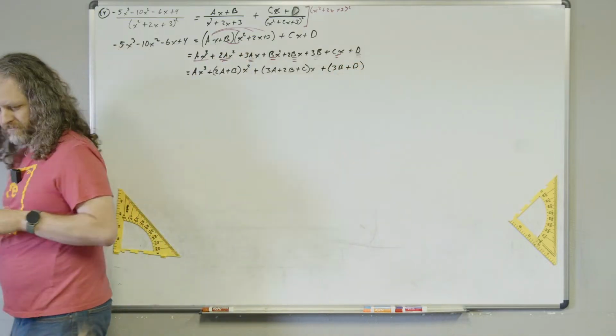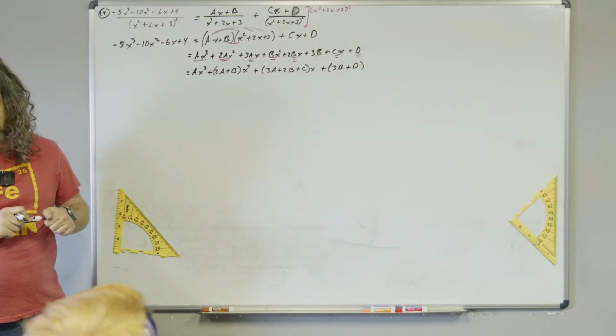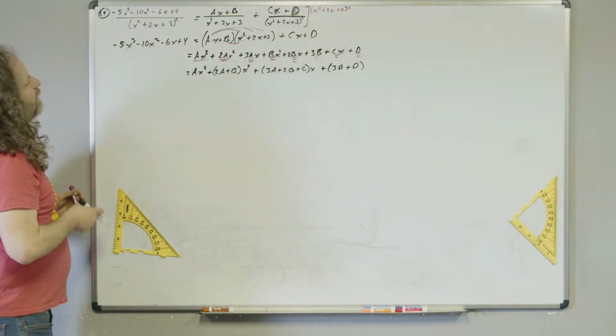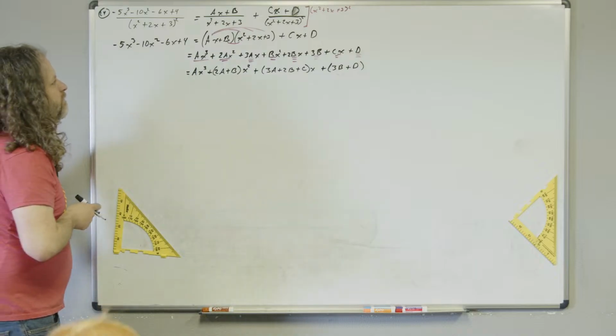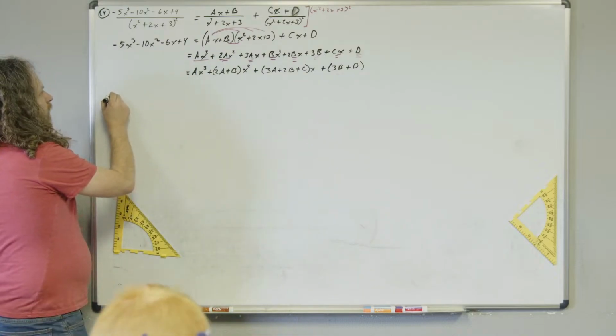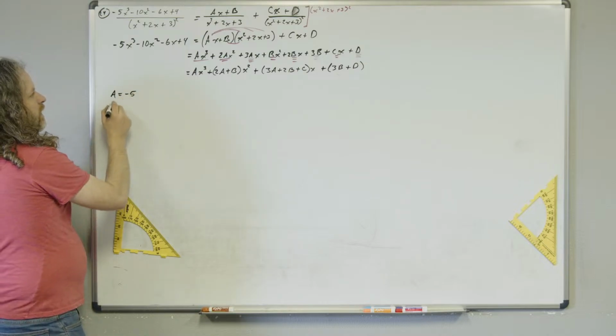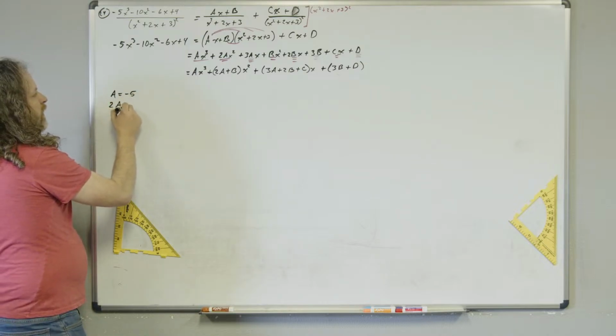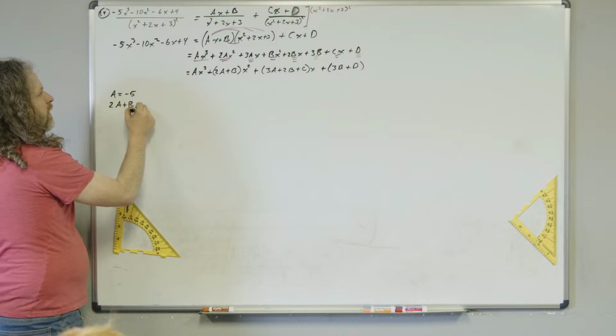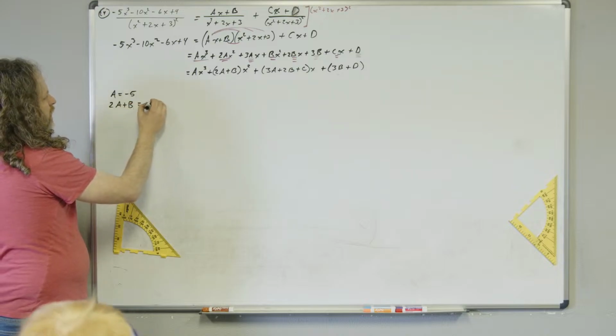Great. Now what? Systemify it. System of equations. A equals -5. And then 2a plus b equals -10.